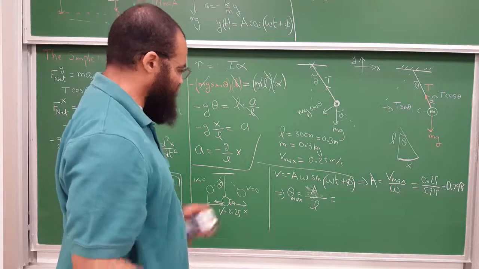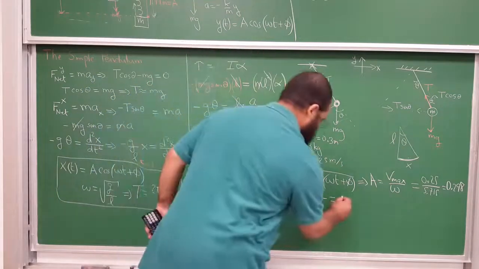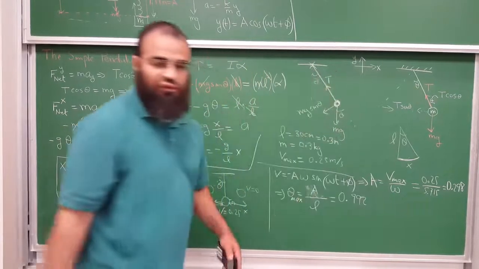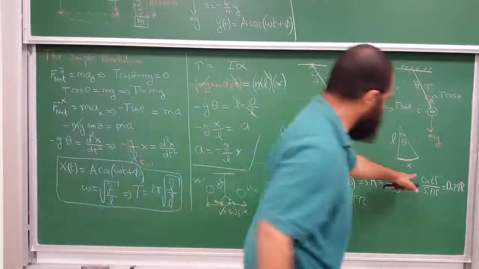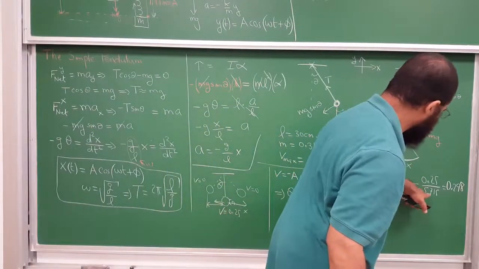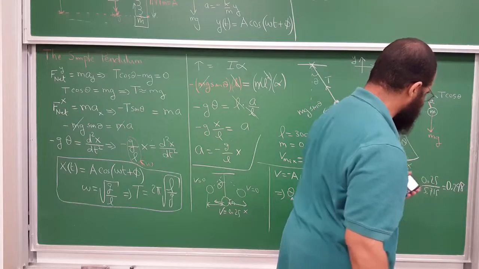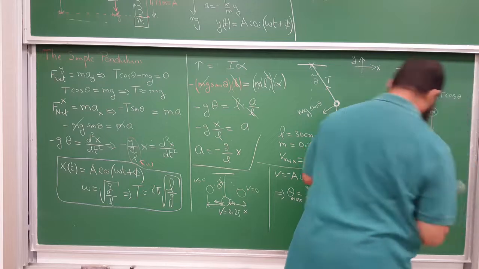The length is 0.3, so divide by 0.3, and we get 0.992. So theta is 0.992 radians. And I think I made a mistake here. Yeah, this sounds a little too big. 0.25 over 5 something should not be larger. It should be less than 0.25. So yeah, this number here is wrong.